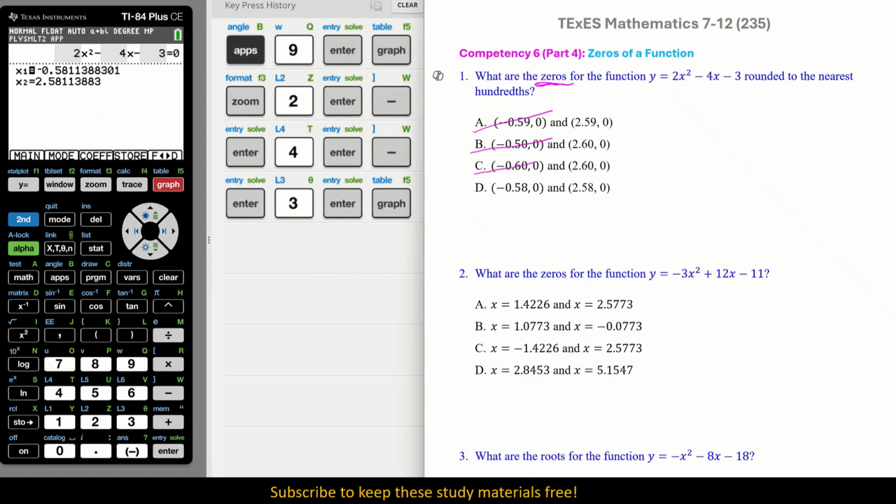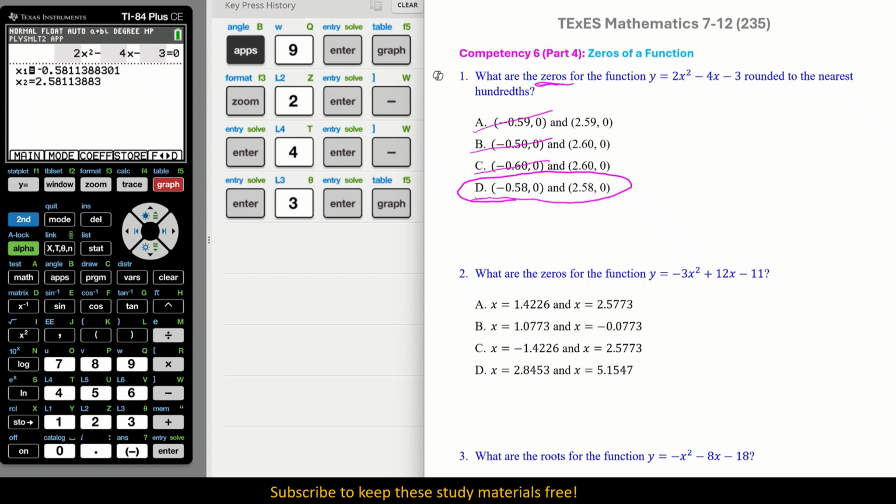B, no. C, no. I'm looking at D. I'm going to say D would work. We have to look at the other number and make sure it is also rounded correctly, and it is. So those are the values that we need. When they say zeros, those are coordinate points that are on the x-axis.